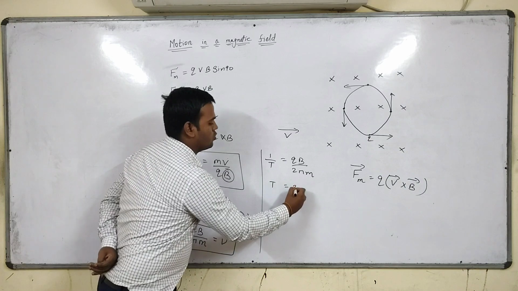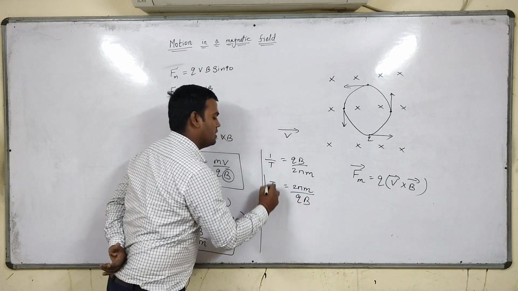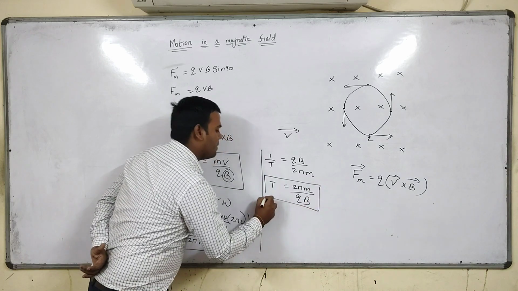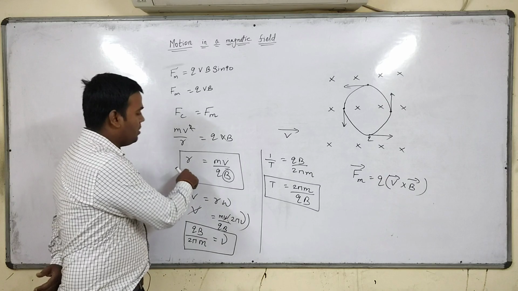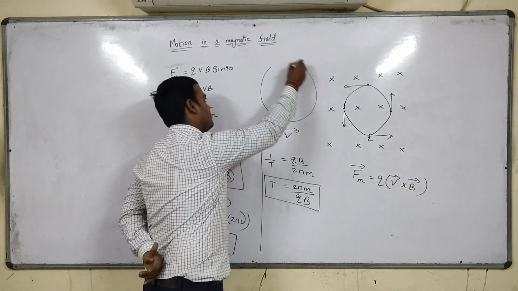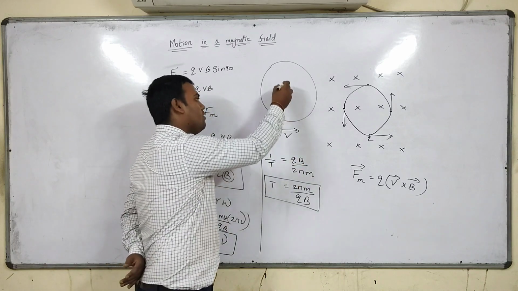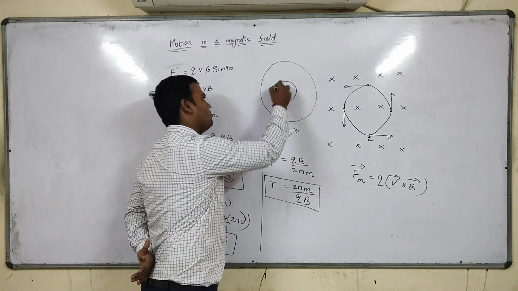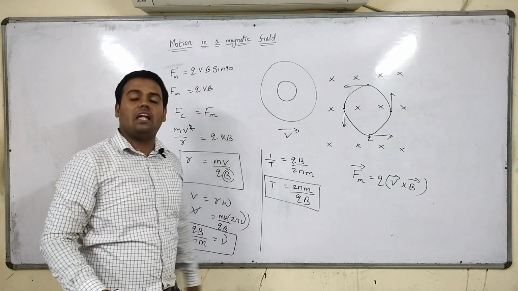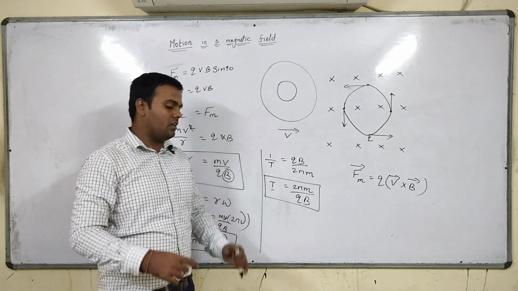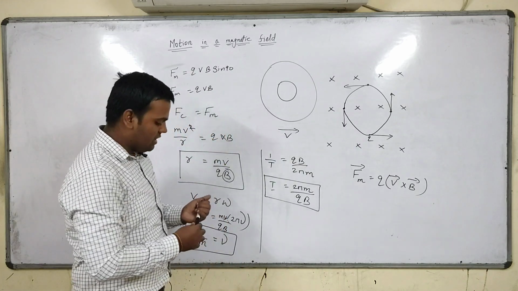So T is equal to 2 pi m by q B, which means that the time period is also constant. That means that if the radius is large, then the time period is T. If the radius is small, then also the time period is T. That means the time period does not have any relation with the radius.